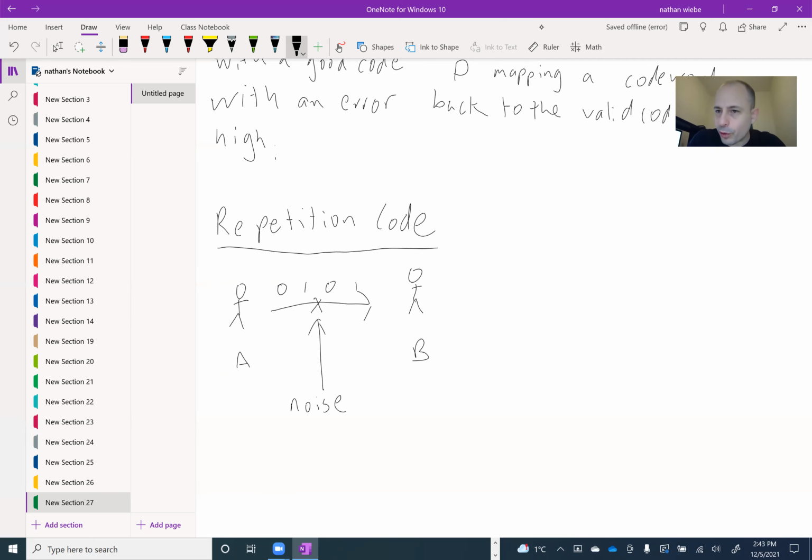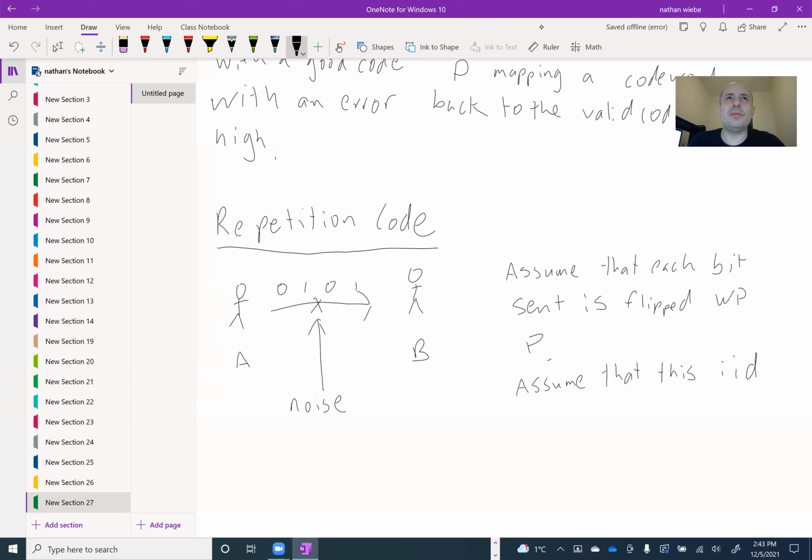And so the simplest noise model to consider for this case is, let's assume that each bit sent is flipped with probability p across, and assume that this is an IID process, or independent and identically distributed process, for each of the individual bits that are coming through.